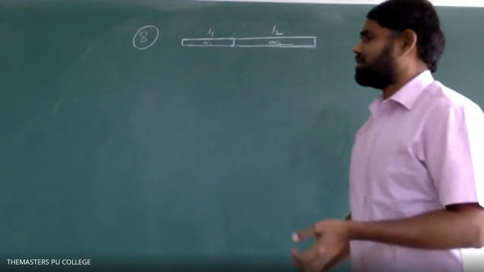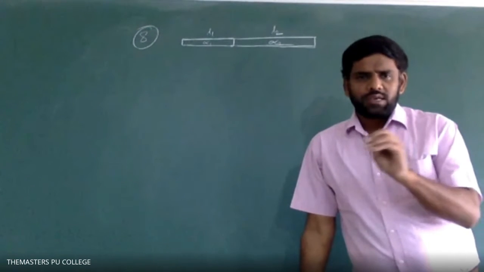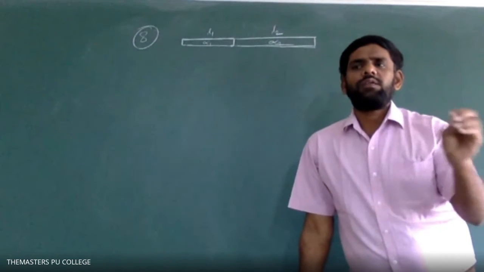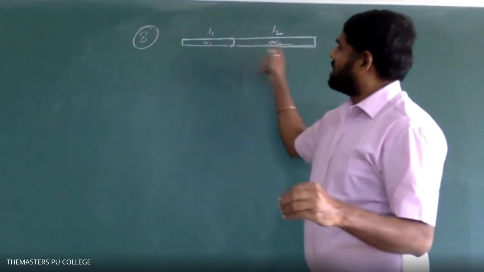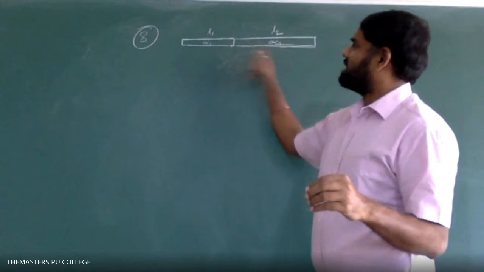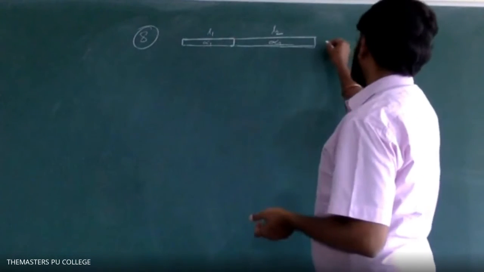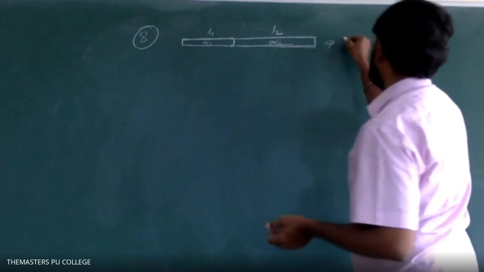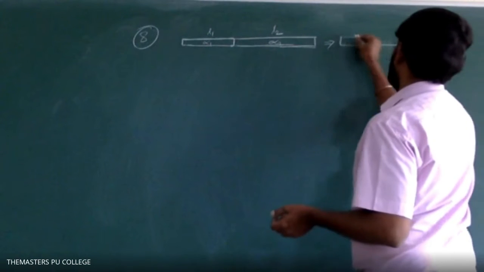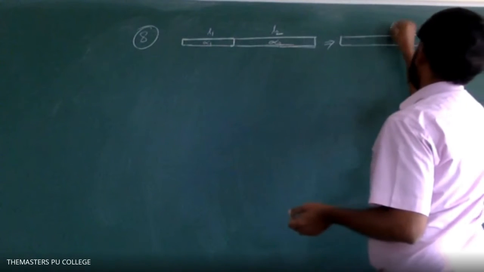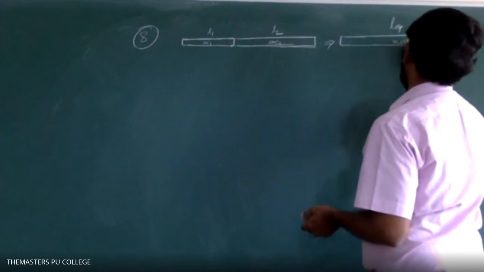Equivalent in the sense, in lower classes you may have studied that two resistors are connected in series. What will be the equivalent resistance? In a similar manner, two rods are joined like this. Then what is the equivalent coefficient of linear expansion? So this is compared with an equivalent rod, whose length I can write as L equivalent and alpha equivalent.